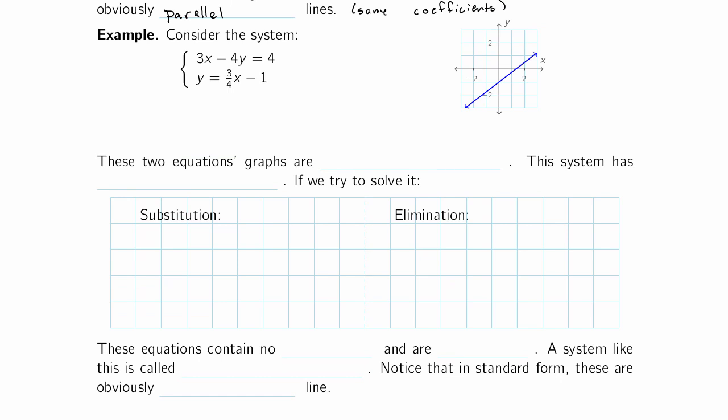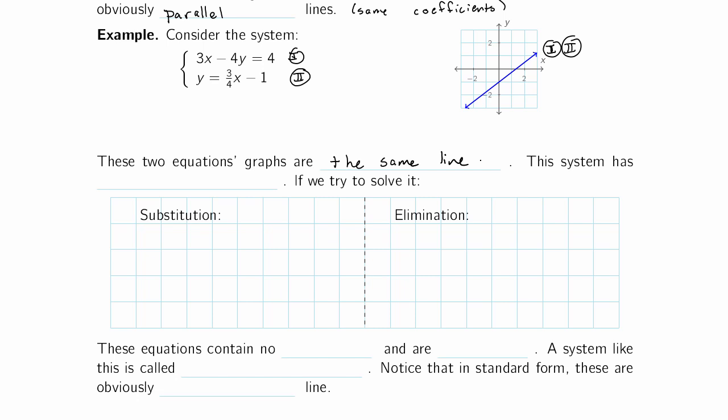When I actually graph these two lines, I get the same line. It turns out that those two equations are actually the equation of the same line, just written in different forms. These two equations' graphs are the same line.